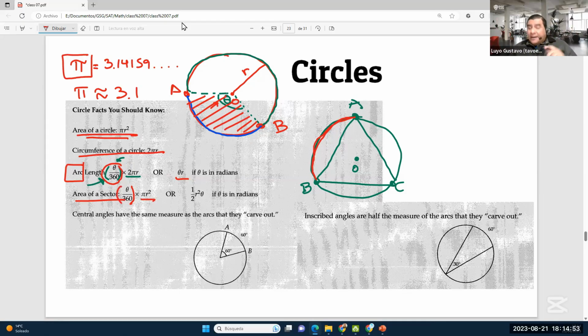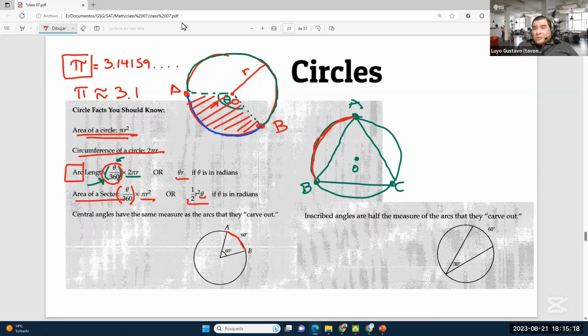But if you have the central angle of the arc in radians, not in degrees, then there is this simpler formula. 1/2 of the square of the radius multiplied by the angle in radians. Okay, that's it. The idea is that, you know, this arc, what is the measure of this arc in degrees?